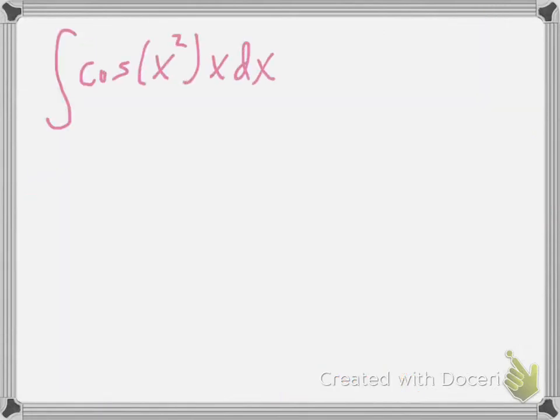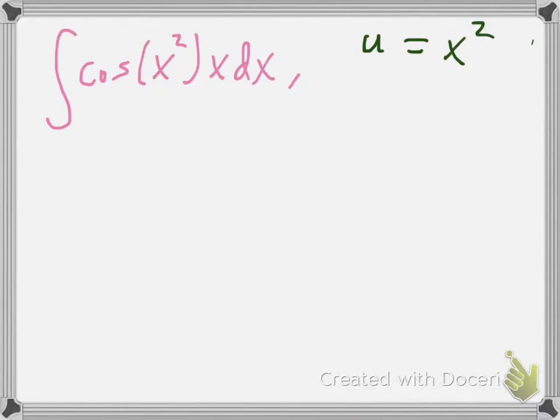So if you've got the problem, the integral of cosine x squared x dx, one way to think about it is just imagine that we've got the cosine of a formula here. Whatever that formula is, you just give it a name, and we'll call it u. So you just write on the side, and it's really important to write this out. Don't assume the reader knows what you're talking about.